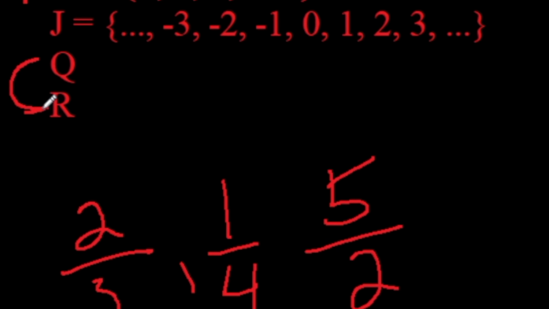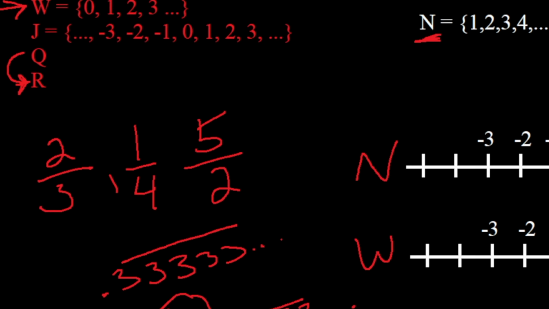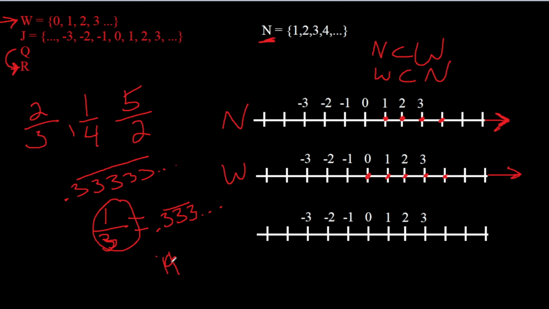Now, R is the real number line. Usually it has the double line here. So the set of all real numbers is every number you can possibly think of. So what numbers are in R but not in Q? Let's think about that. Well, the number pi is equal to 3.14159, dot, dot, dot.